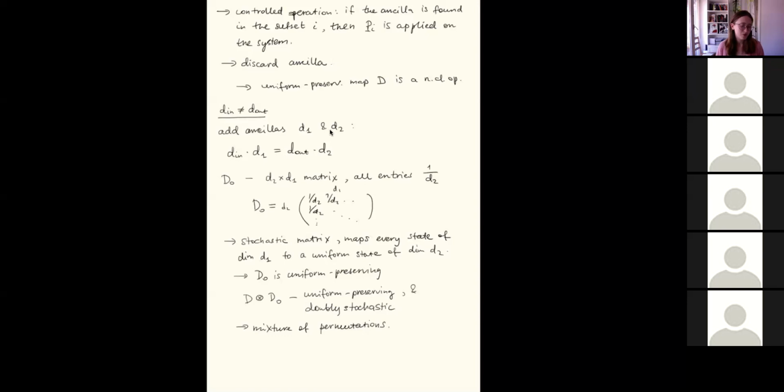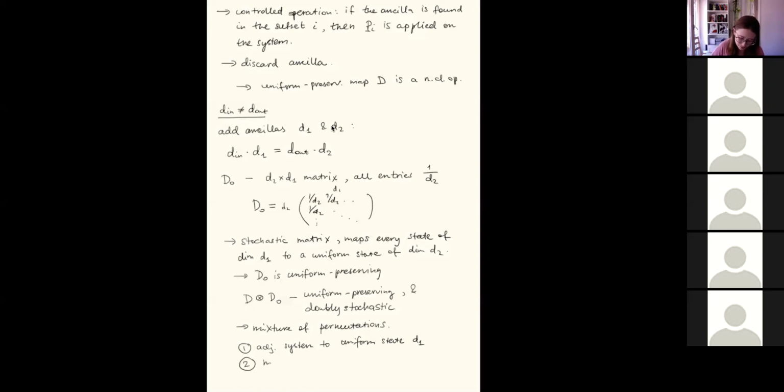Now, to start from the beginning, from the input state, we essentially have to recap the operations that we applied and see whether they're all noisy or not. And if they all are, then we win. So the protocol goes as follows. First we adjoin to the system a uniform state of the dimension d1, which is allowed, and it is a noisy operation.